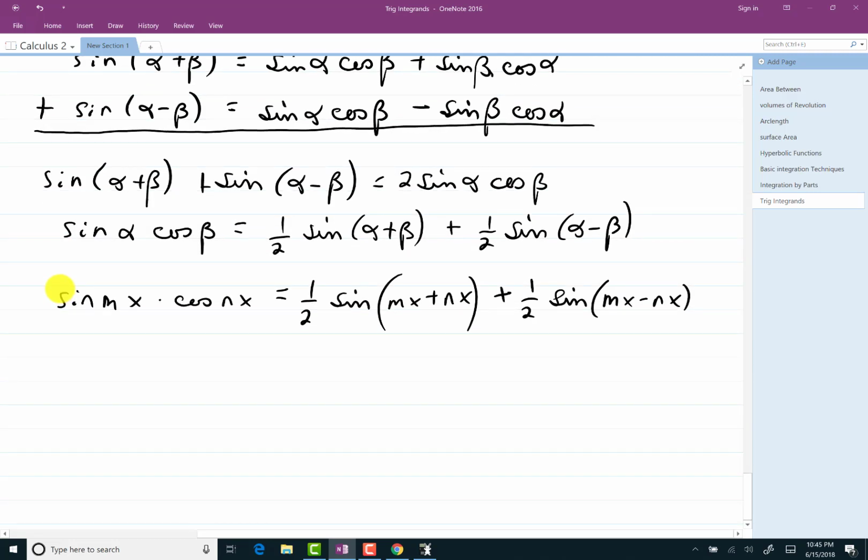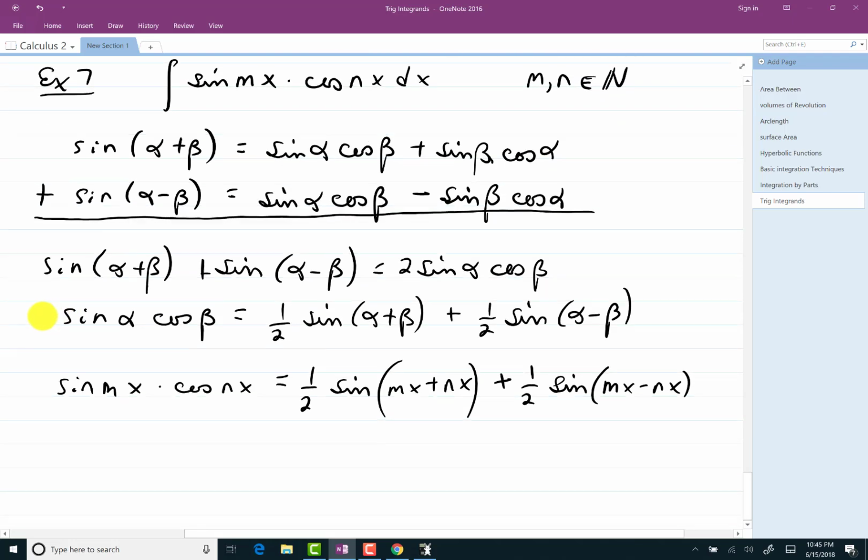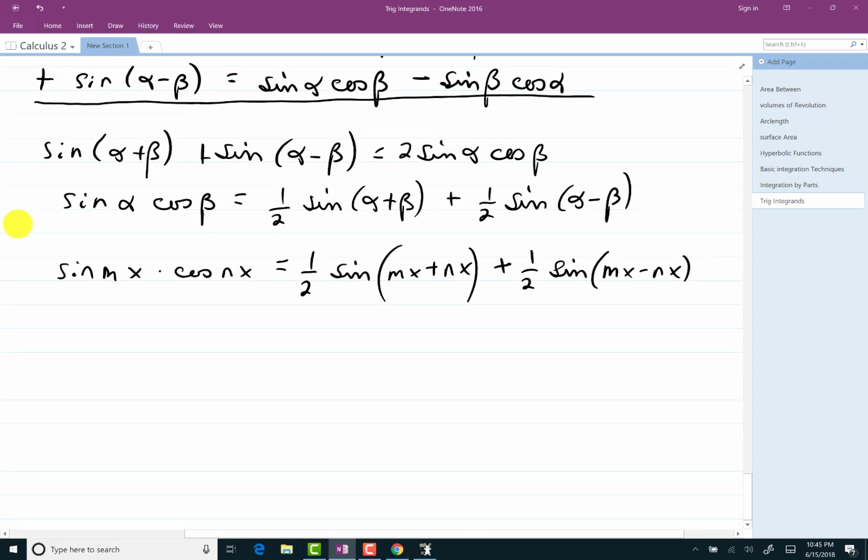I didn't say what m and n are, and I was assuming that m and n are both natural numbers. So with that in mind, let me do one more step with this. This will be 1/2 sine of m plus n x plus 1/2 sine m minus n x. I factored the x out of both of them.